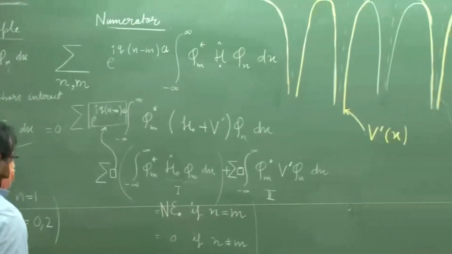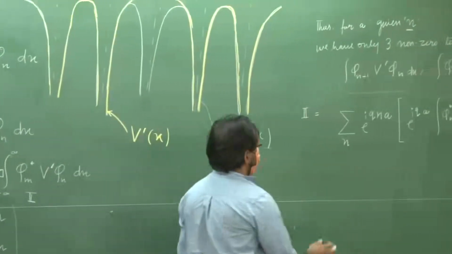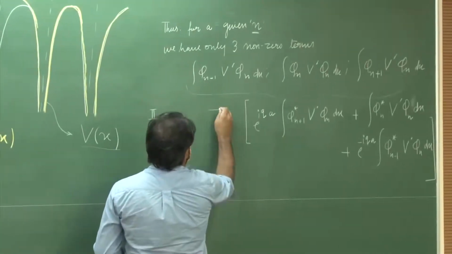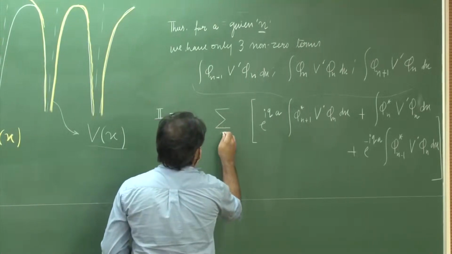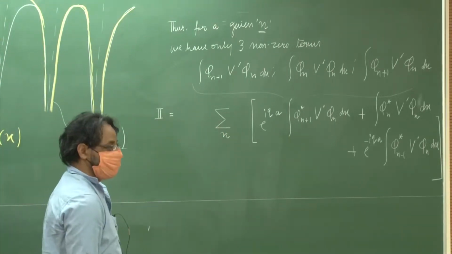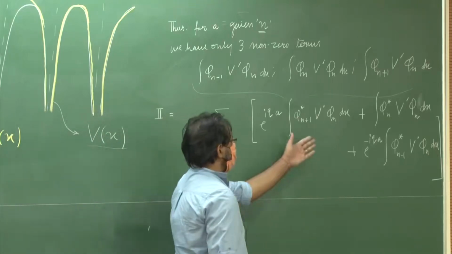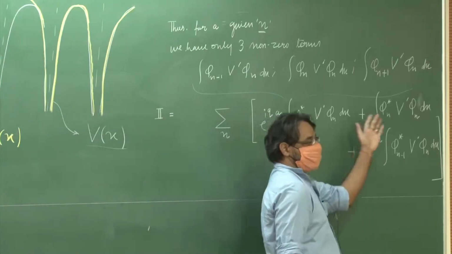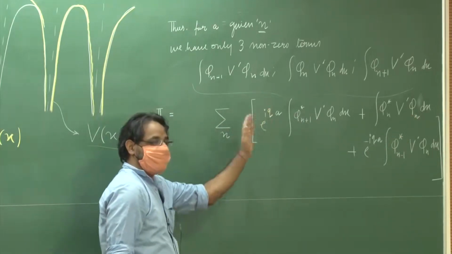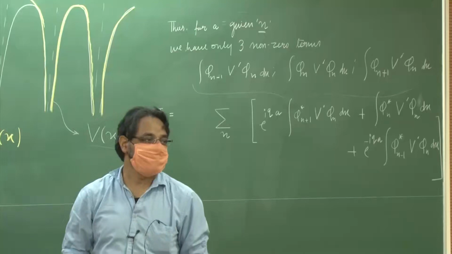Then we don't have this. Then we have just the summation over n. Then this is a mistake in my notes. And for the nth site, we have these three terms, and then we run this sum over all the sites. From every site, we will get these three terms.